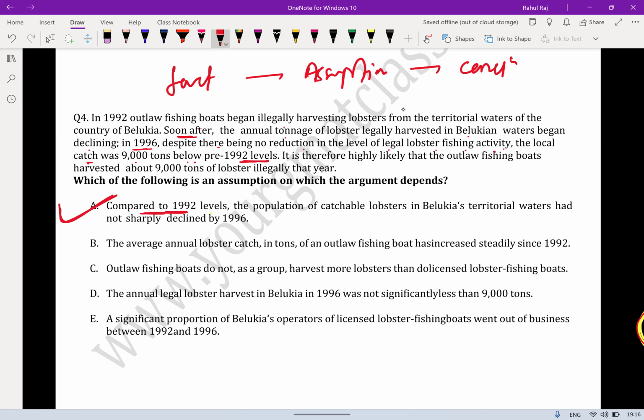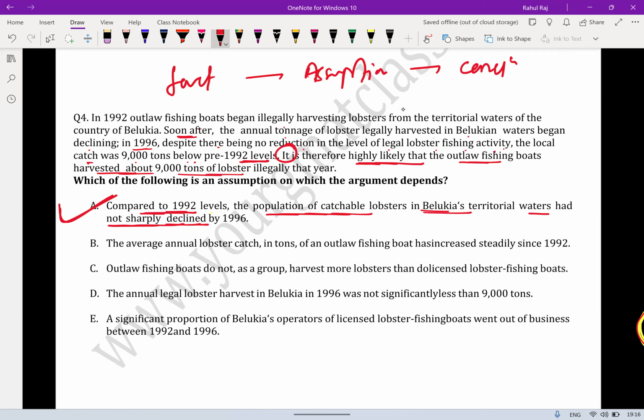Compared to the 1992 level, the population of catchable lobsters in Billiken water had not sharply declined by 1996, and therefore, it is highly likely that illegal boats harvested 9,000 tons of lobsters last year. So when you are so confident about your answer, you can leave the other 3 options and move on. Just mark the answer and move on.